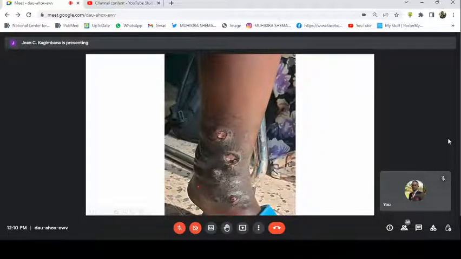This is a hyperpigmented plaque with scattered ulcers inside the plaque. This is characteristic of what we call pyoderma gangrenosum. It's very painful.